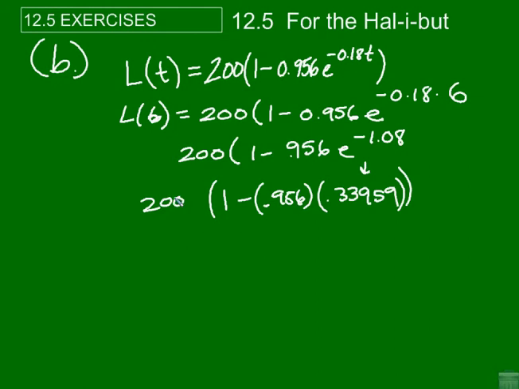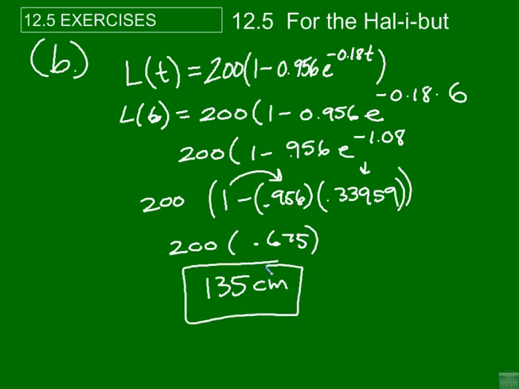So again, this is going to be 1 minus something, which means it's going to be a number less than 200, and that number less than 200 is going to be 200 times 0.675, or 67%, which is going to give us 135 centimeters, roughly.